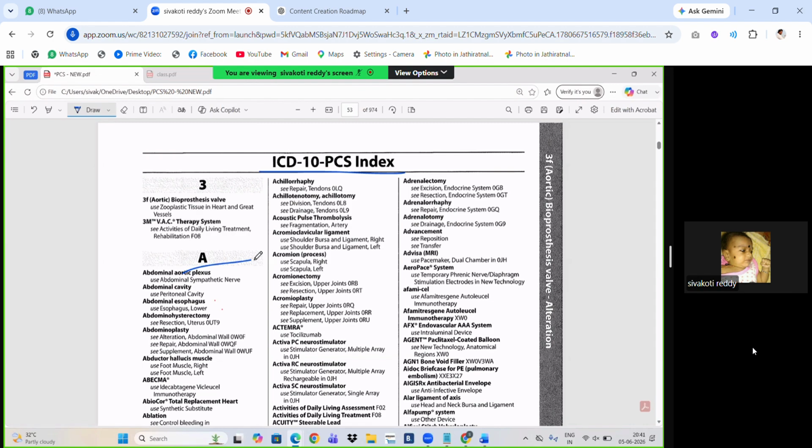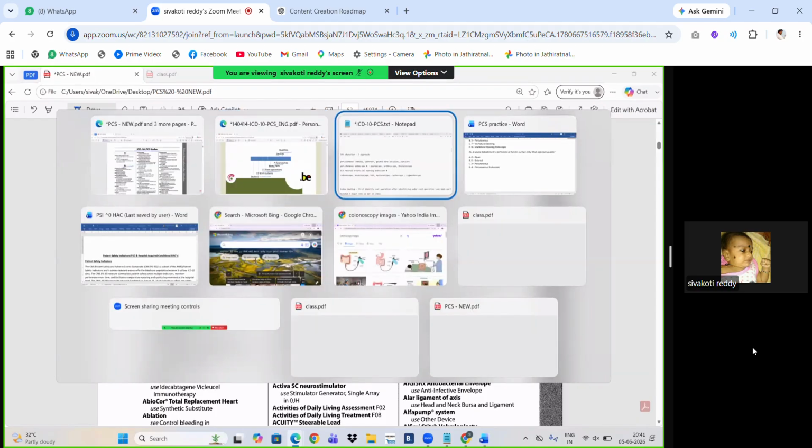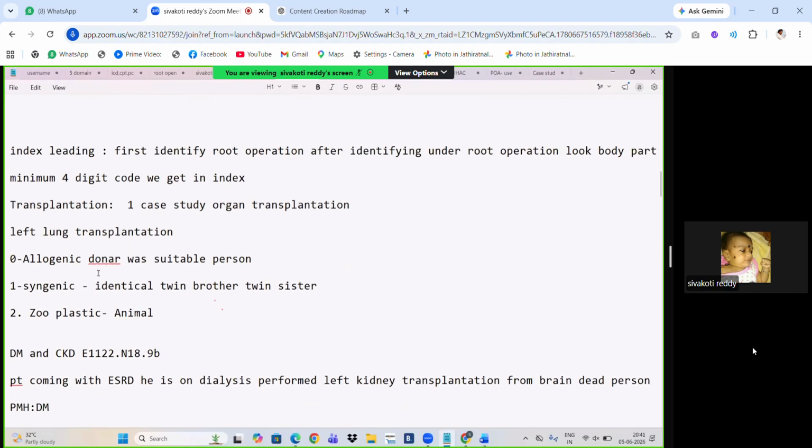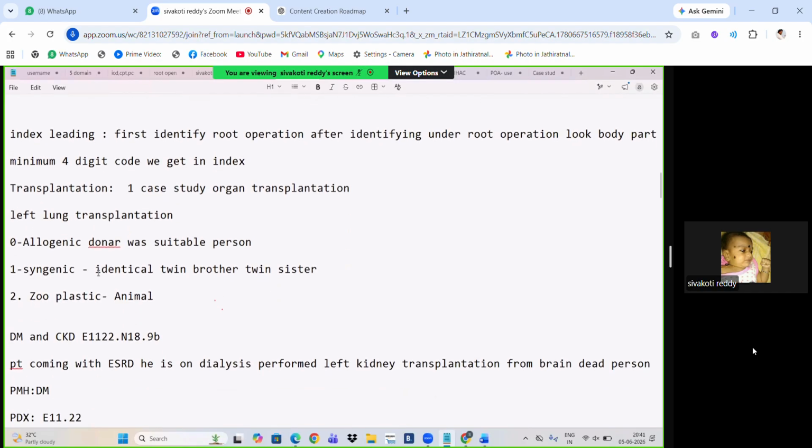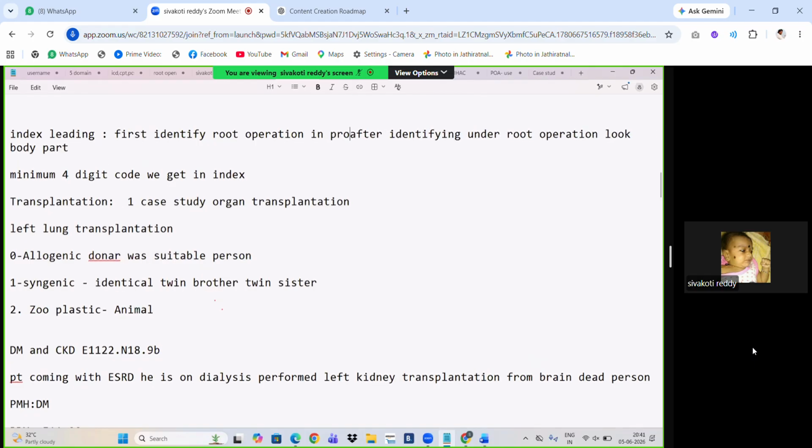So note down index usage, index reading. Okay guys, while you are reading the index, first identify the root operation in the procedure. After identifying, under the root operation heading, look for the body part. Without finding the root operation, you will not be able to use the index.